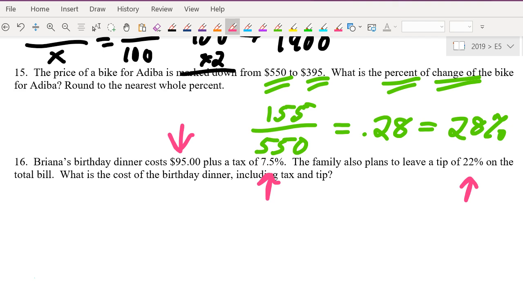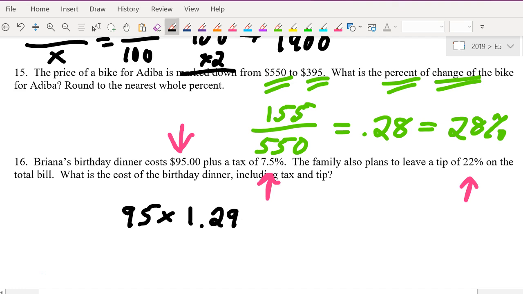Okay, 95 times 1 point... You don't need a calculator. So it'd be 95 times 1.295. He got it. Let's give a hand to all the people who participated in the YouTube video.